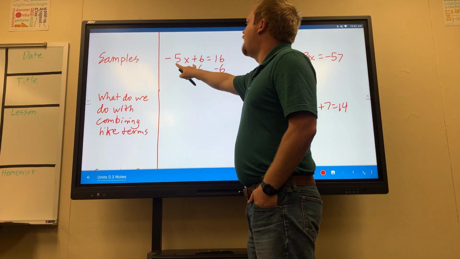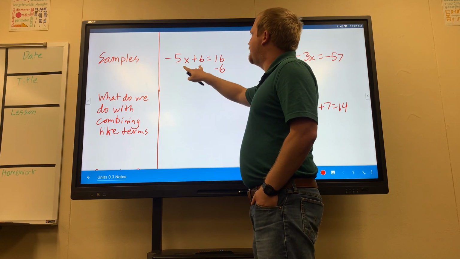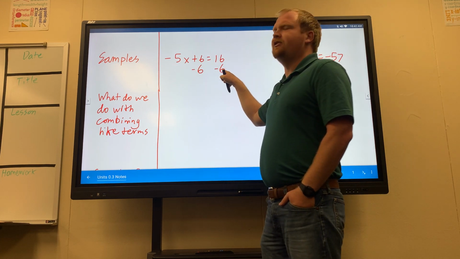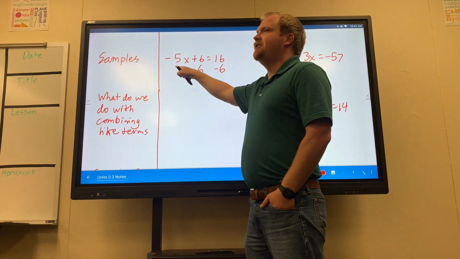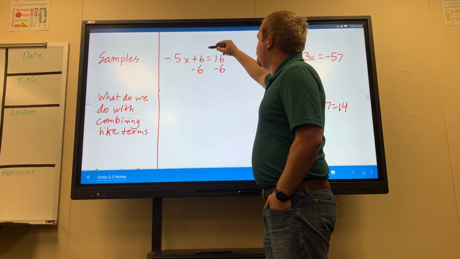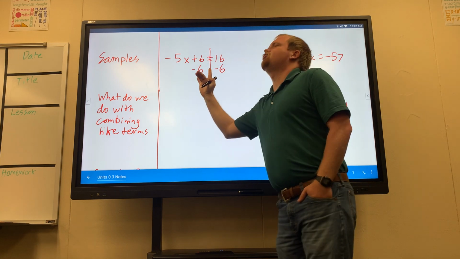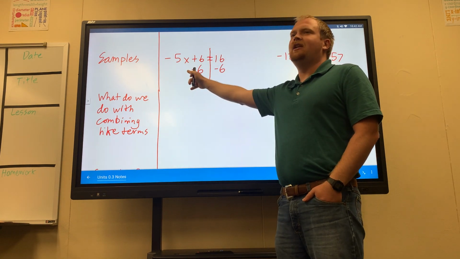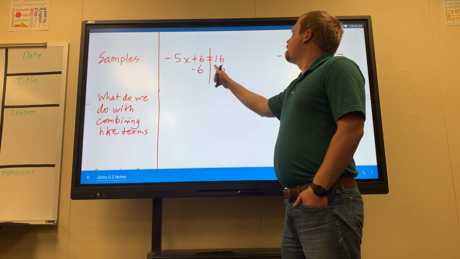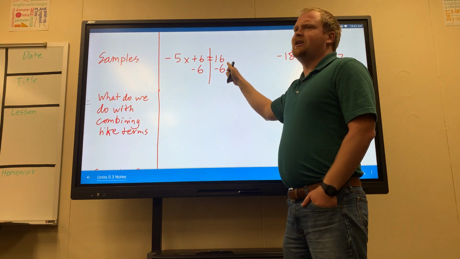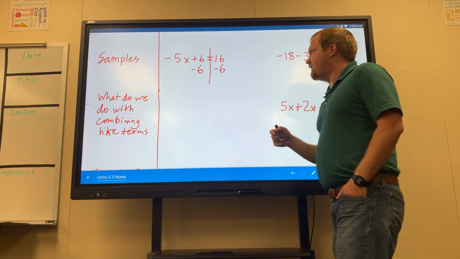Now, think about it. The reason why I put the negative 6 under the 16 rather than the negative 5x is because if you draw a line through the equal sign, I'm already subtracting 6 from the left side. So really, I just gotta make sure I subtract 6 on the right side.